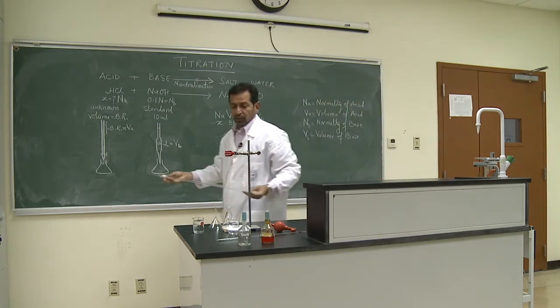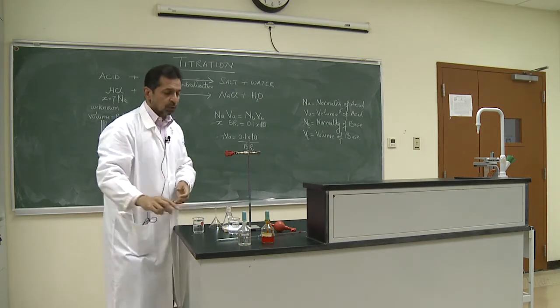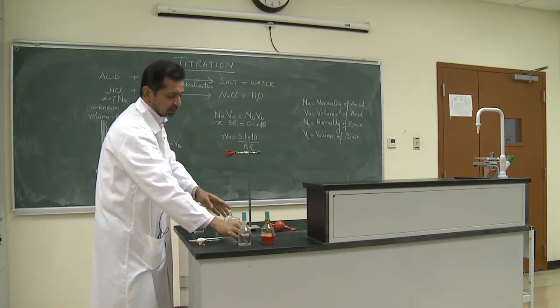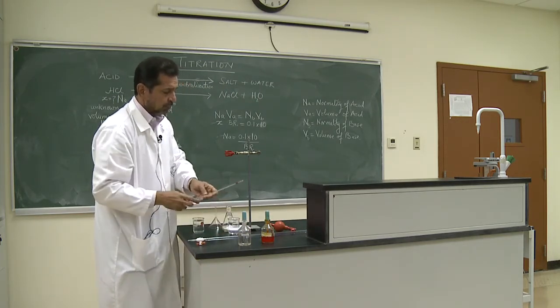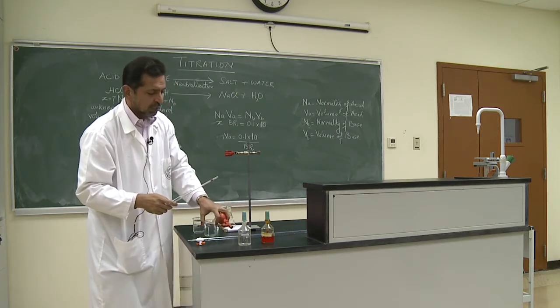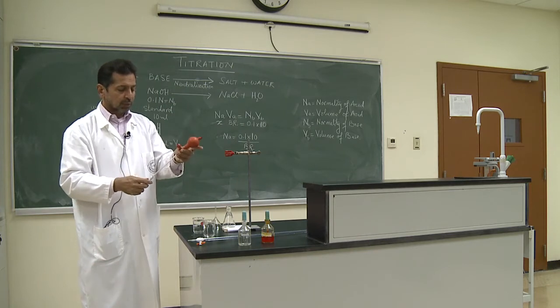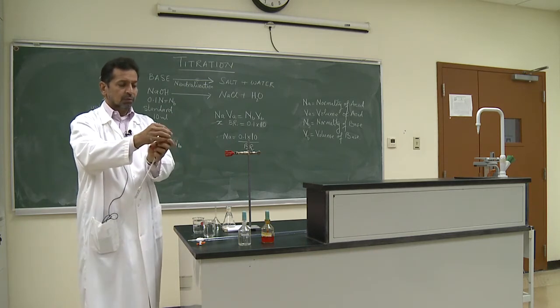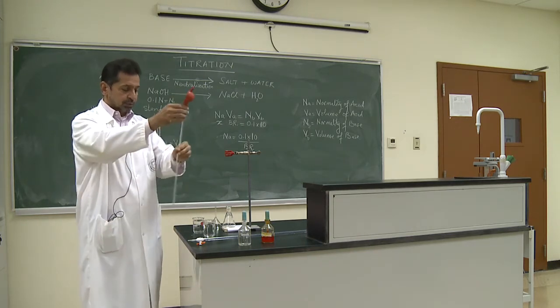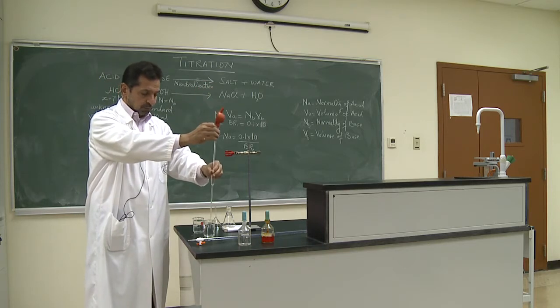And similarly, the pipette should be rinsed with the base. To rinse the pipette, we take a little quantity of base in the pipette and shake it and throw it. This is the suction bulb.